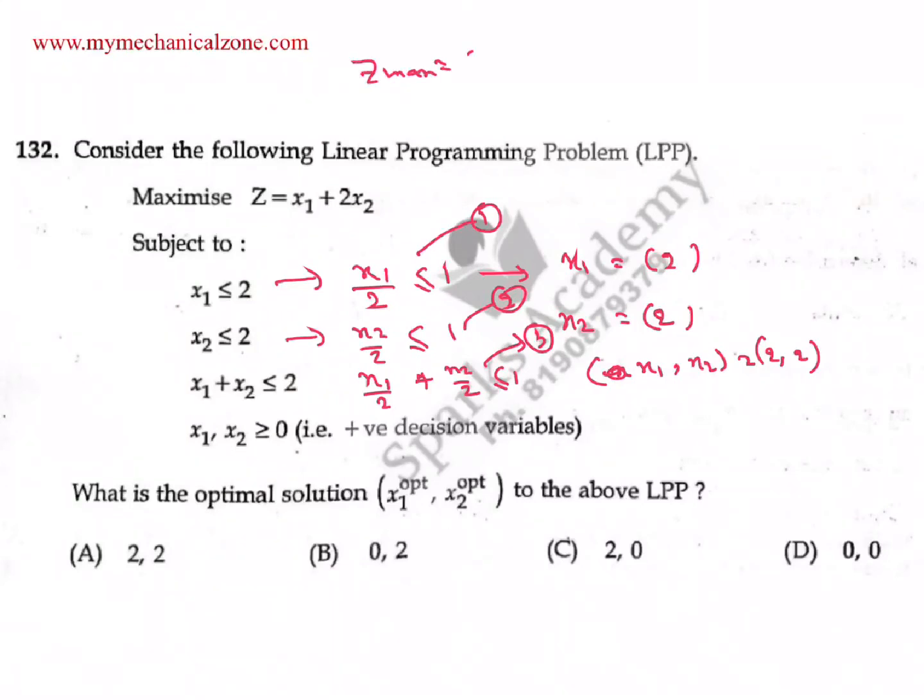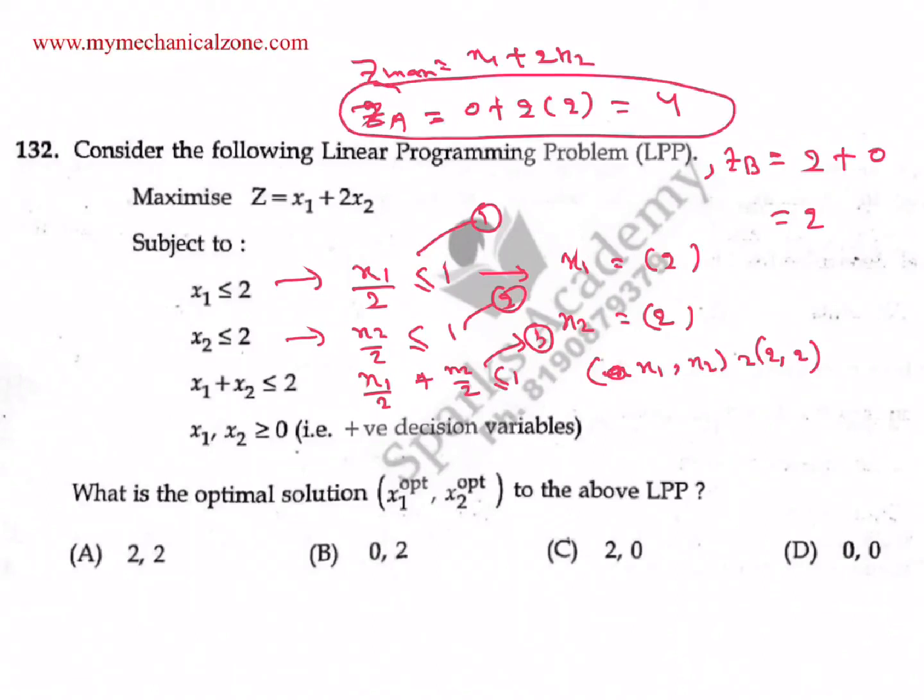At A point, x1 is 0, 2 into x2 is 2, so it's 4. At B point, x1 is 2, x2 is 0, so it's 2. So maximum is at A point, coordinates are 0, 2, so B is the correct answer.